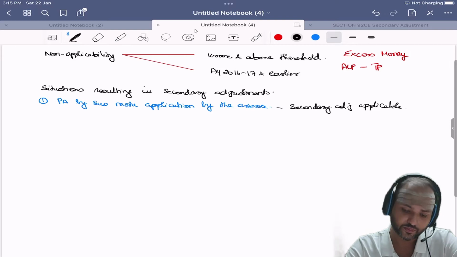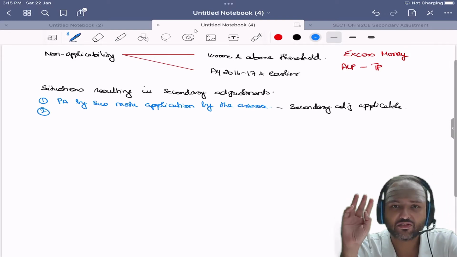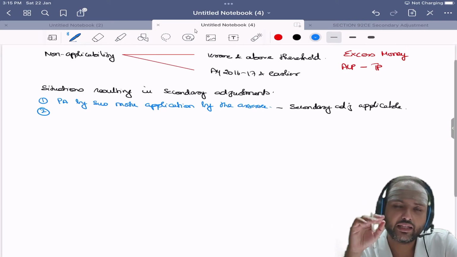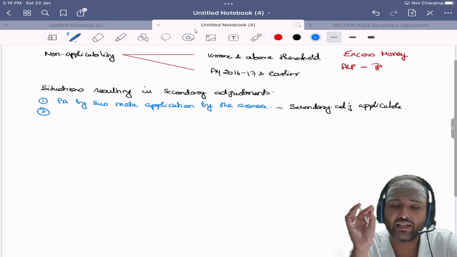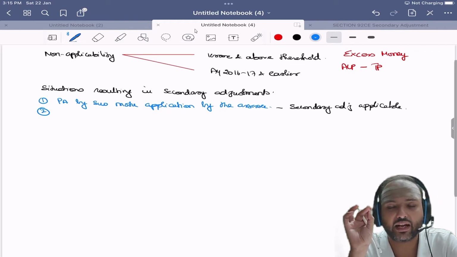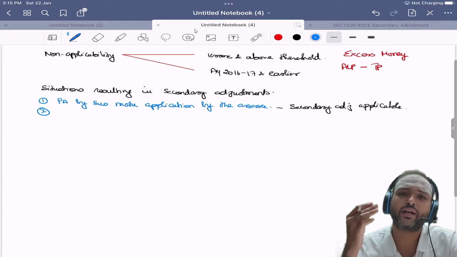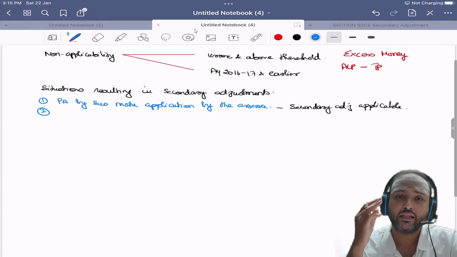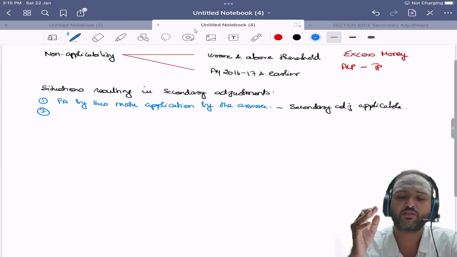Case number 1. Case number 2. AIPL has filed the return of income and they have kept the transaction price at 50 crores. Now, what has happened is that the department has taken up the file for assessment and it has been referred to the transfer pricing officer.